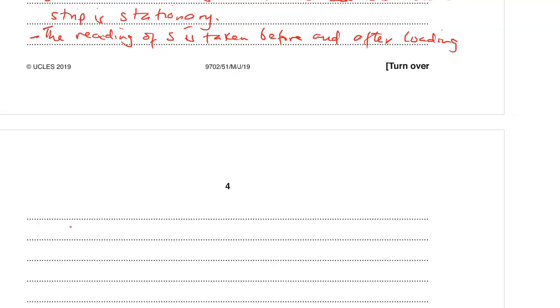Don't forget you're using a vertically clamped meter rule. After loading the strip, the difference is found. Just the final reading minus the initial reading.